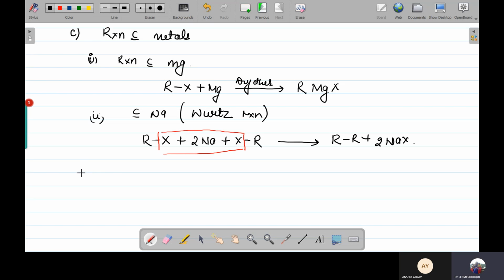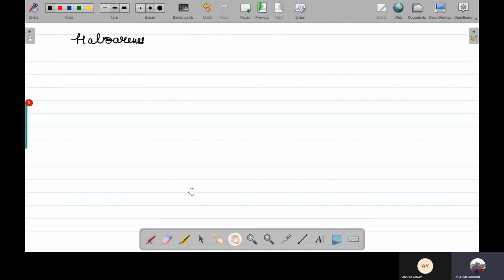Then another one, like if we want to prepare haloarenes, this finishes our haloalkanes. But when we talk about the haloarenes, in the case of the haloarenes, what is going to happen?